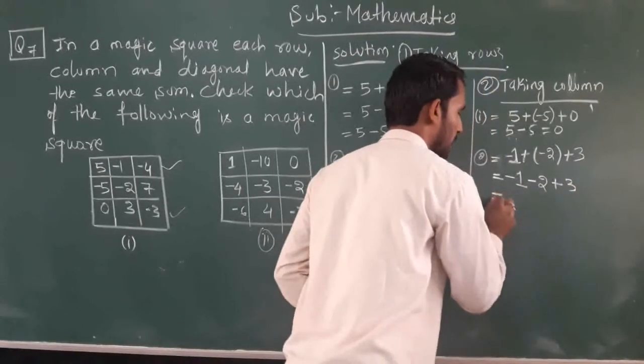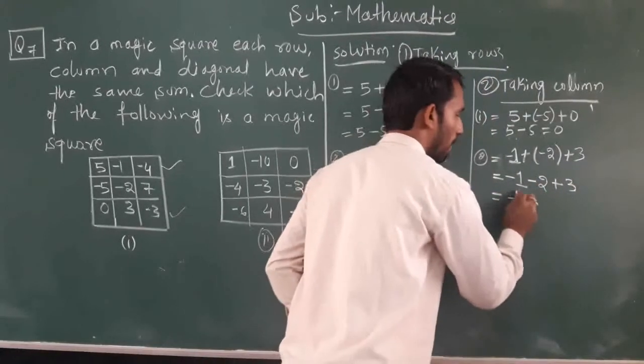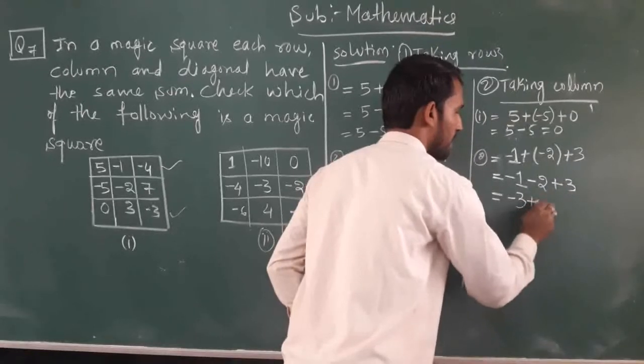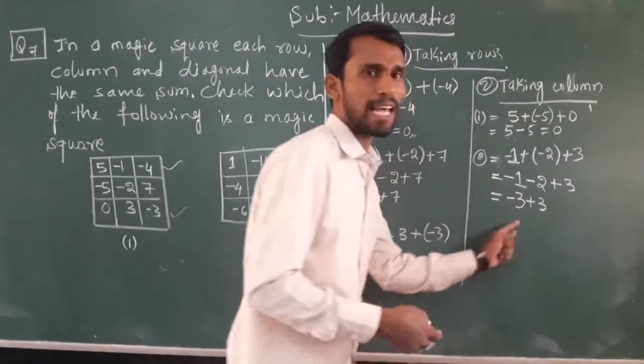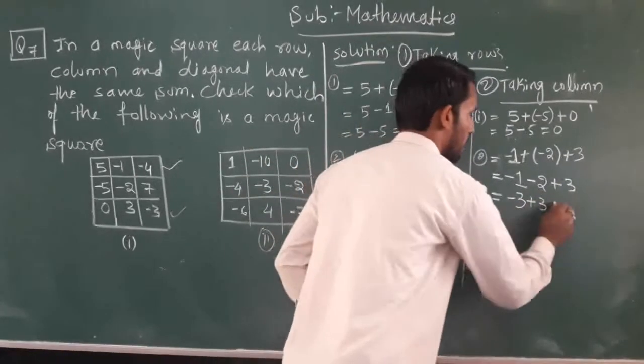When we add negative integers, we will get minus 3 and plus 3. When we do subtraction, we are getting again 0.